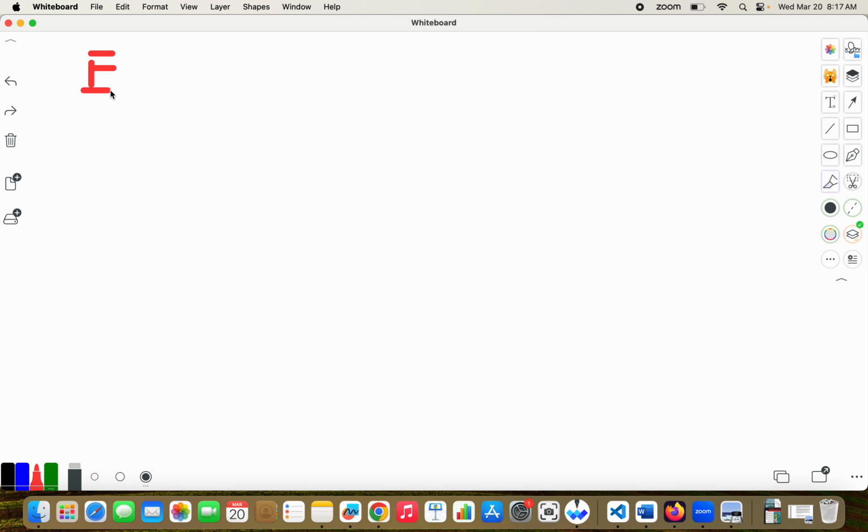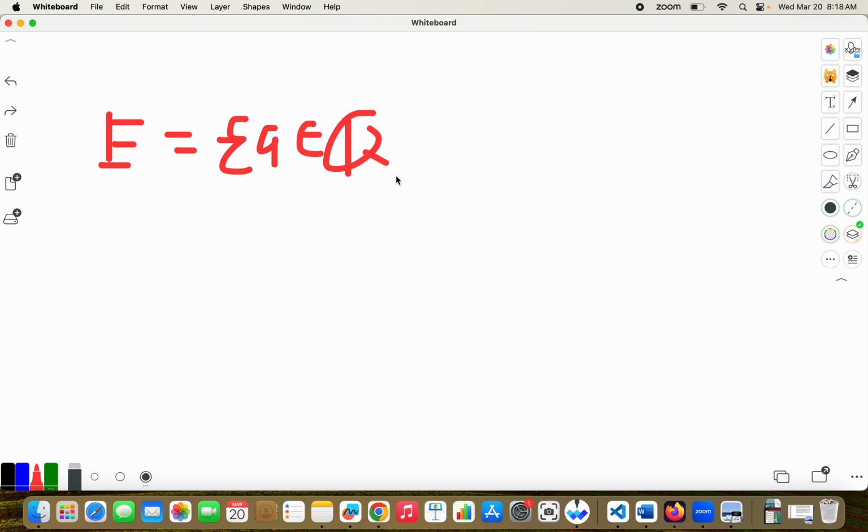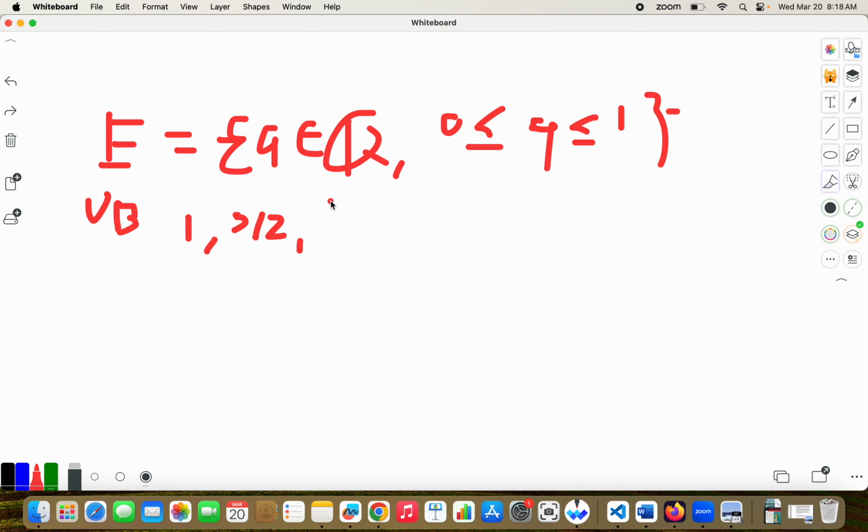Another example. Okay, so E. The upper bounds are 1, 2, 3, 4, 5, 6, 7, more and more, dot dot dot.